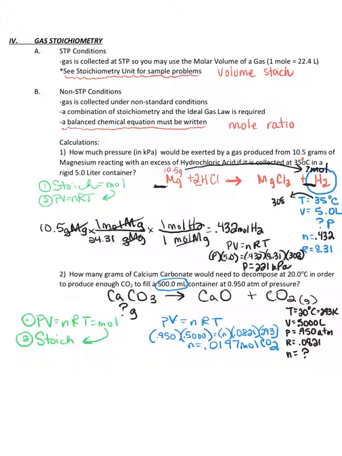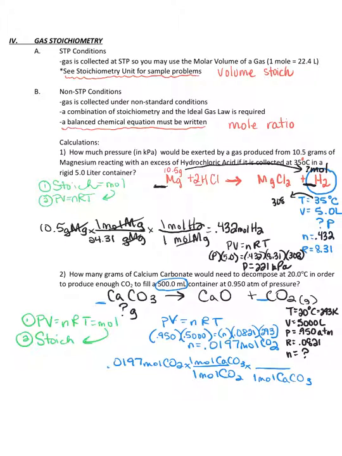Then I take my 0.0197 moles of CO2, and I know my mole ratio, because it was already balanced, is 1 mole of CO2 for every 1 mole of CaCO3. And then they don't want moles of CaCO3, they want grams.